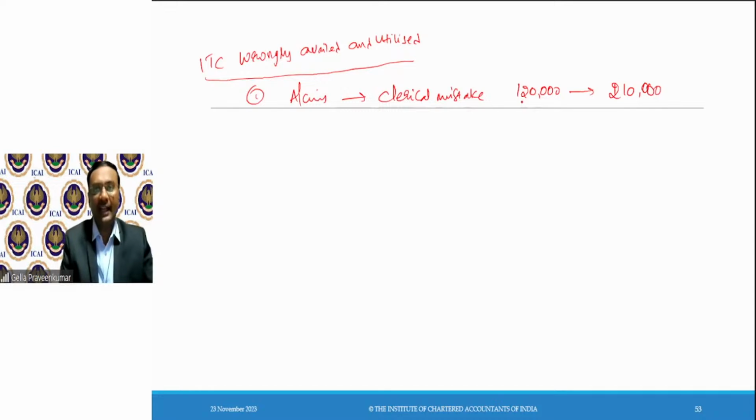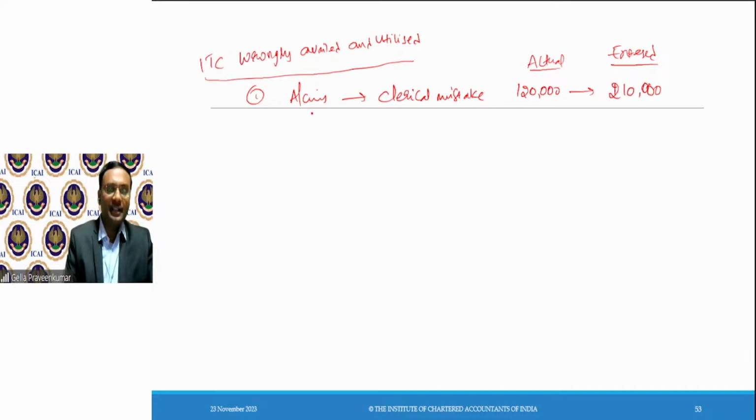Bill which has come for 1,20,000 was entered as 2,10,000. Now 120, 210. This is just a clerical error. This is actual. This is entered. Now, this may happen where I have done an erroneous data entry.